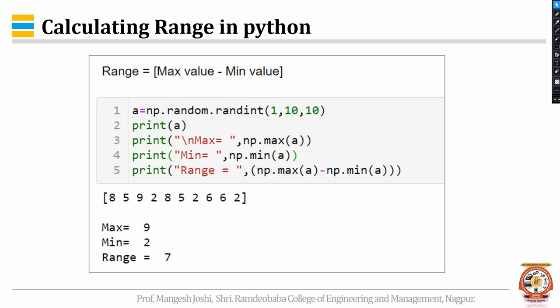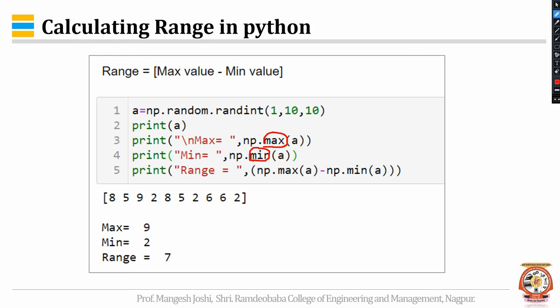So how to calculate maximum value and minimum value? There is no direct function in NumPy to calculate the range, but you have the max function and the min function. You can use np.max(a) to calculate the maximum value in the dataset, and np.min(a) to calculate minimum value in the dataset.